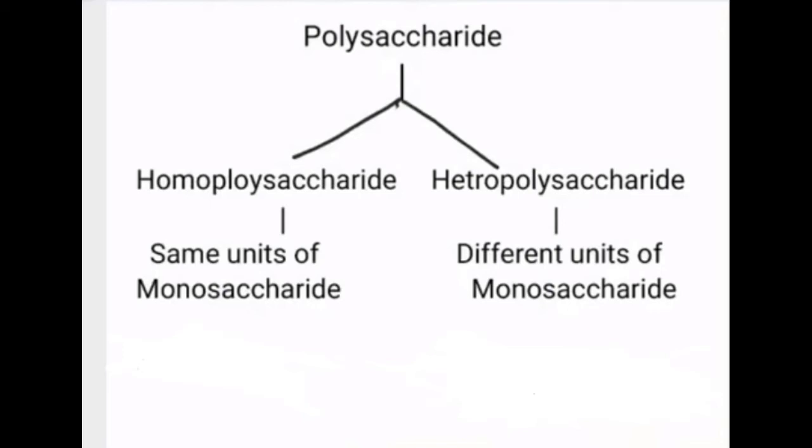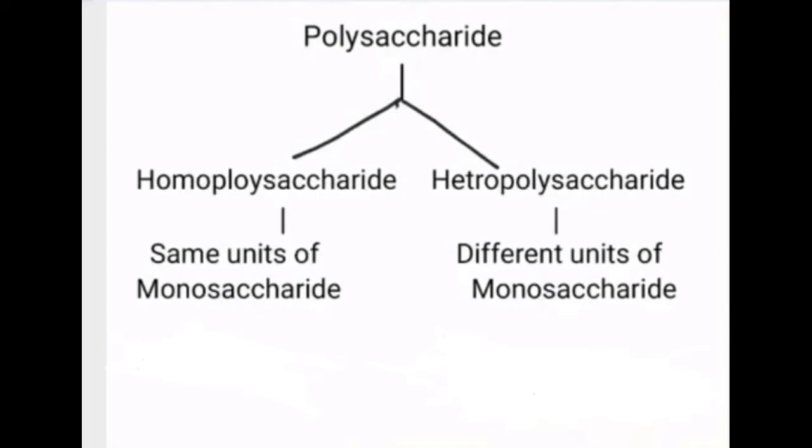Homo means one, so these are made up of one type or the same units of monosaccharides. Examples of homopolysaccharides are cellulose, starch, and glycogen, and these are all made from glucose.